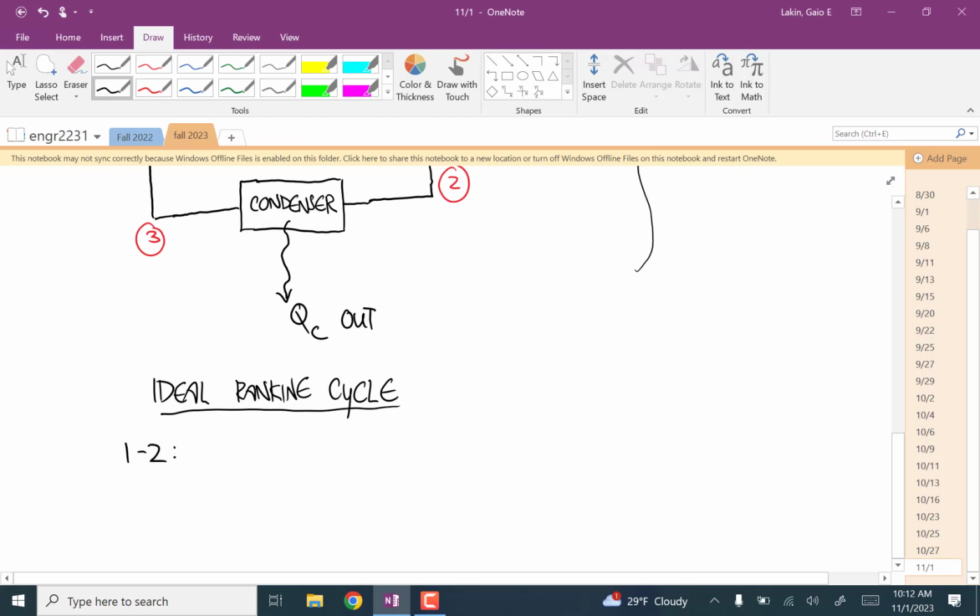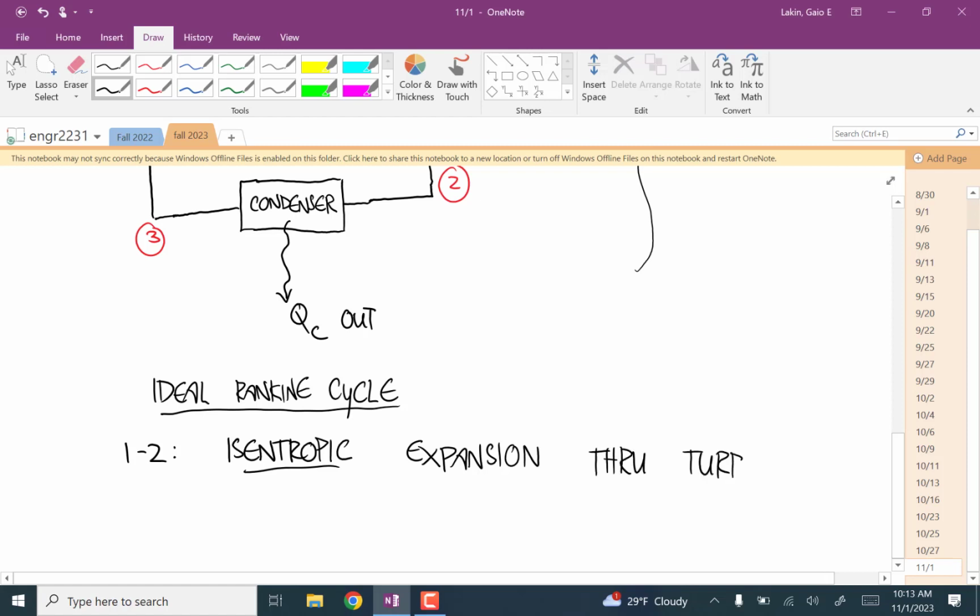From state 1 to 2 is an isentropic, that's important, expansion through the turbine.